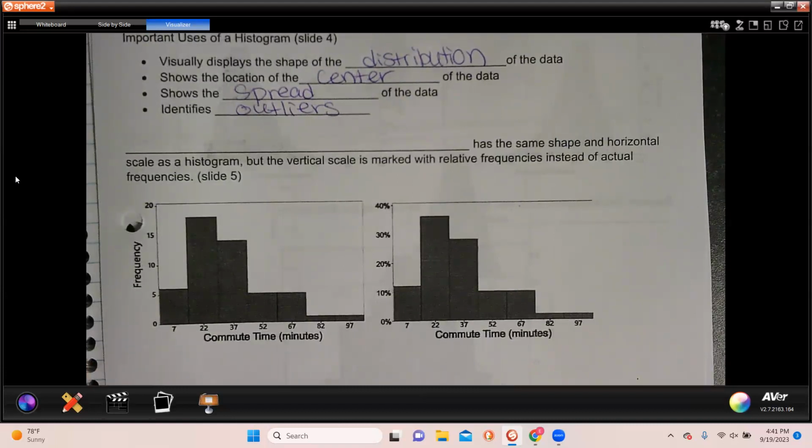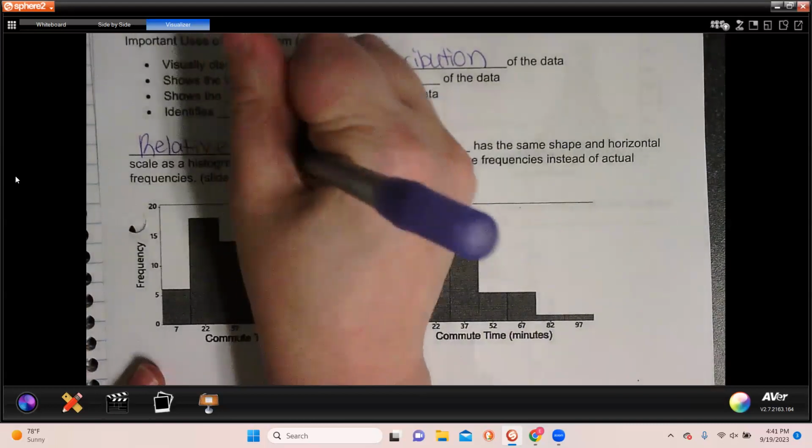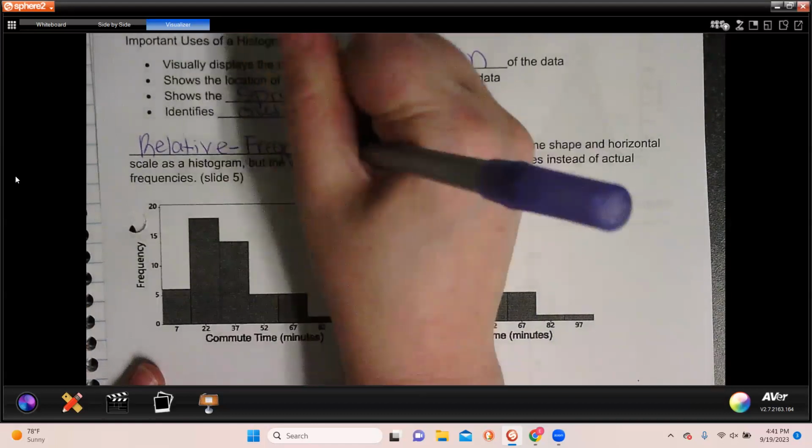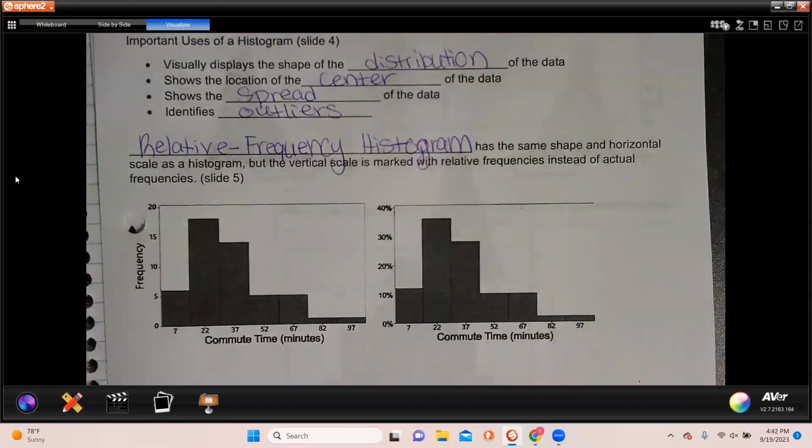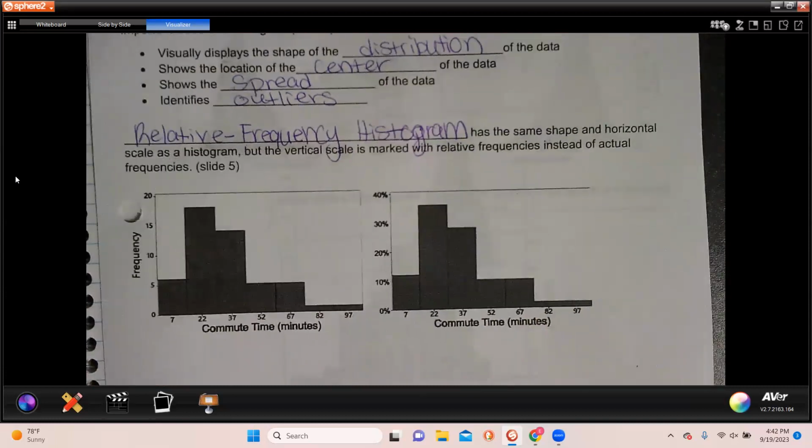There's not just a plain histogram, there's a second version of the histogram. It's called a relative frequency histogram. Remember, a relative frequency is the percent of the frequency rather than the frequency count itself. A relative frequency histogram has the same shape and horizontal scale as a histogram.